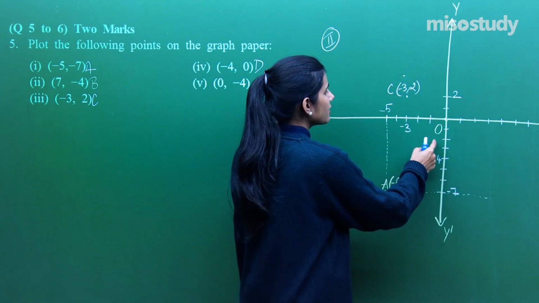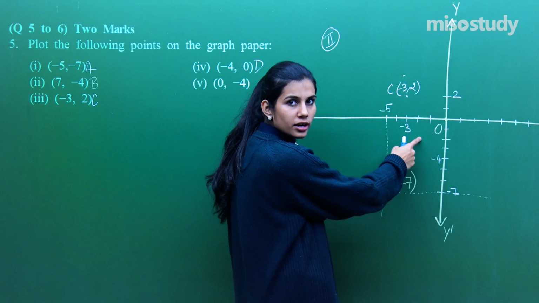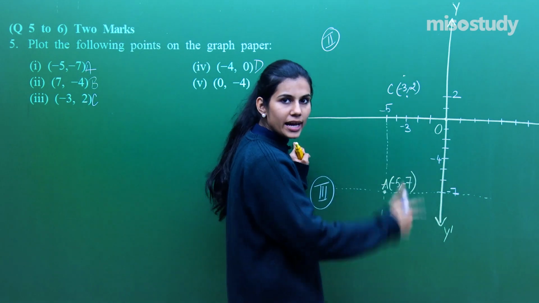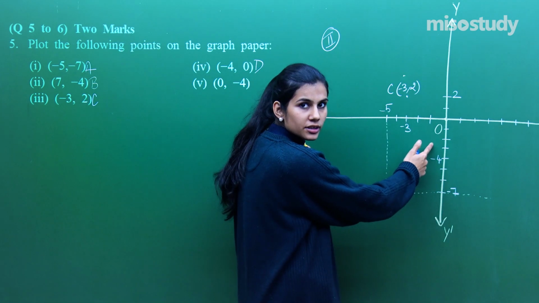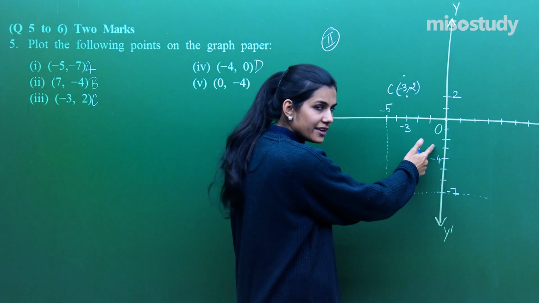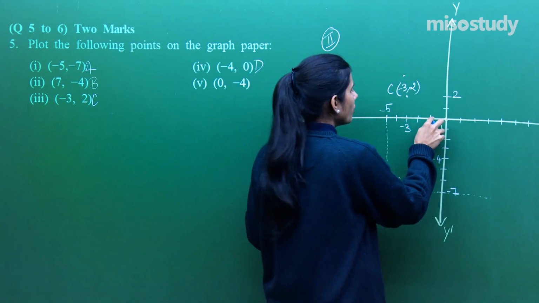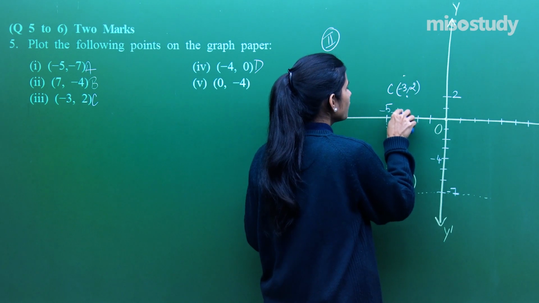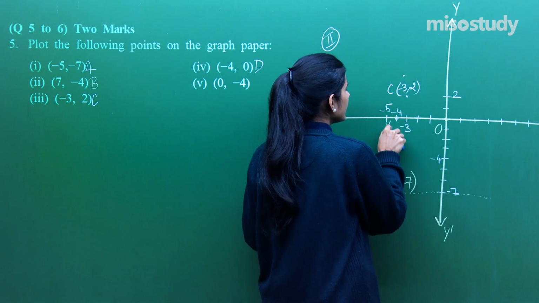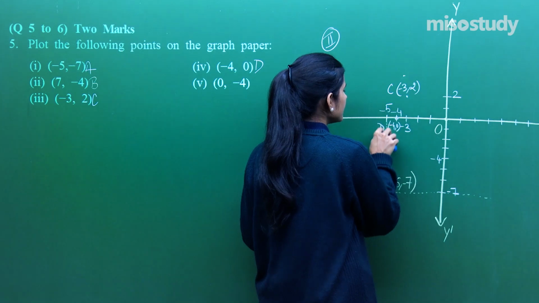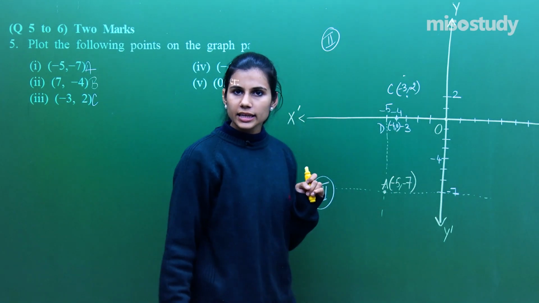So the point is lying somewhere on the negative x-axis for sure, right? It is not lying anywhere on the y-axis, it is lying on the negative x-axis. And where is it lying? You just need to move 4 units in the negative x-axis direction. So 1, 2, 3 and 4. This is -4. This point itself is -4, 0. That is point D. Clear?